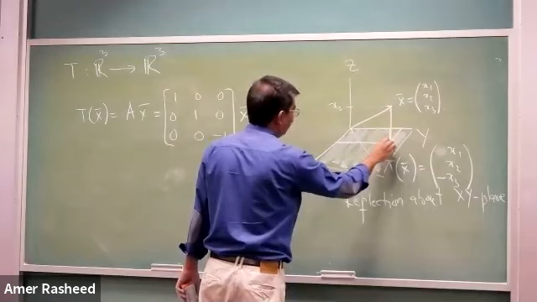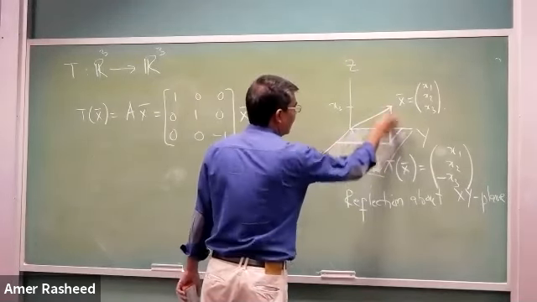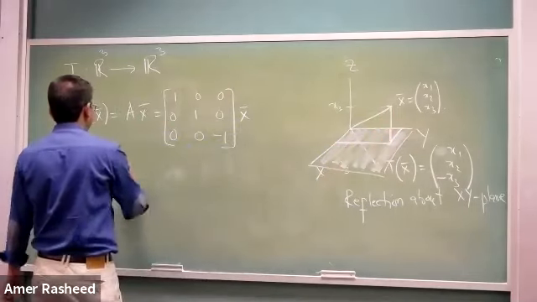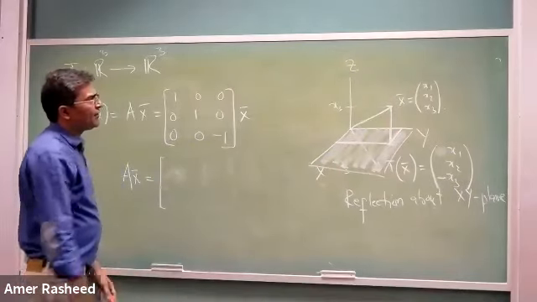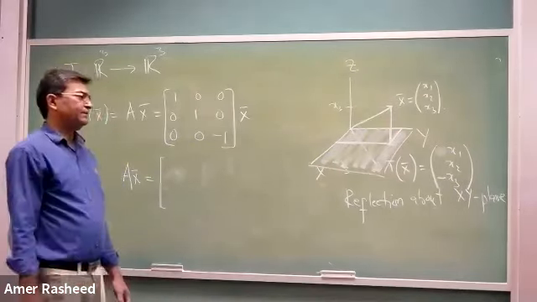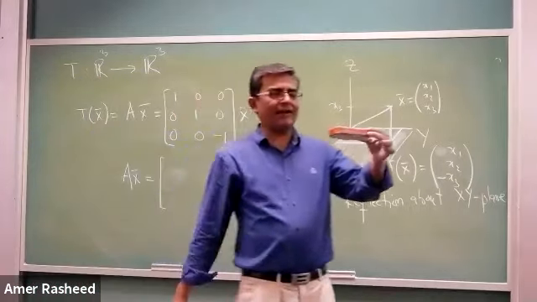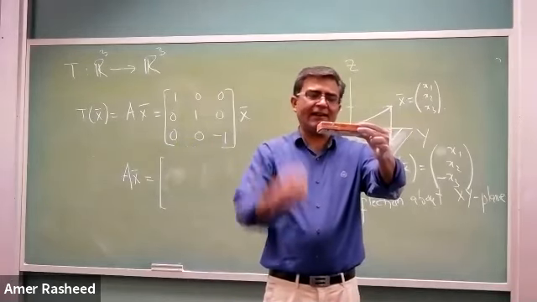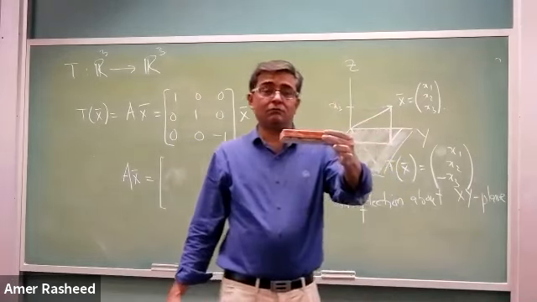So this is your projection of this vector onto XY plane. This is your X, sorry, Y, this is your X. And this is your Z. So what would be the standard matrix if we want to define a projection of a vector onto XY plane? Projection means मैंने ये डस्टर है ना, ये 3 डायमेंशन में है, यहाँ पे इसका कोई X कंपोनेंट है, Y कंपोनेंट है, Z कंपोनेंट है, मैंने इसको XY प्लेन पे रखना है, तो क्या होगा?